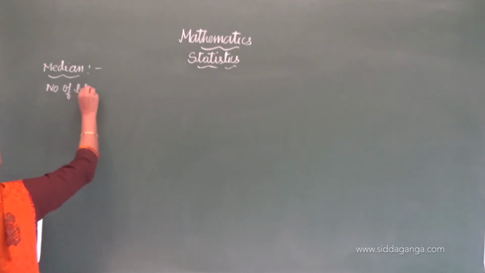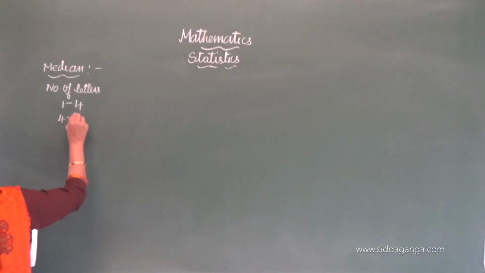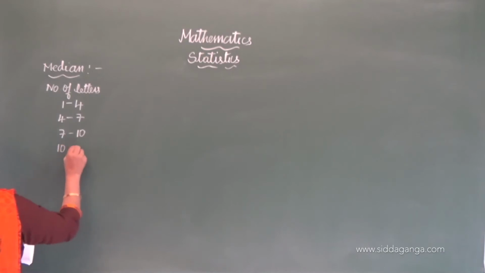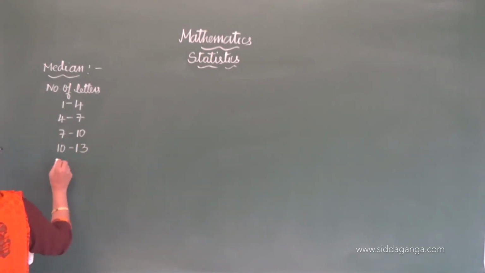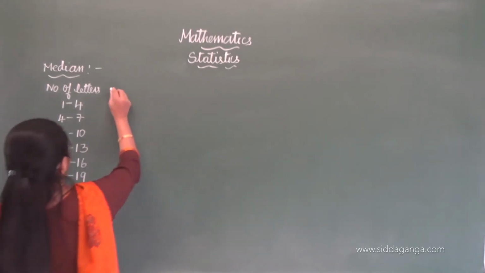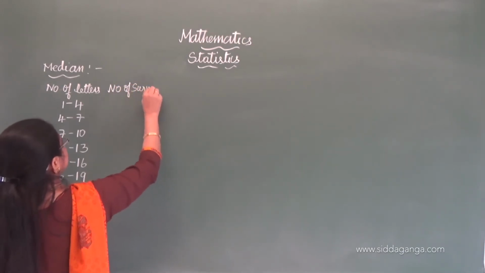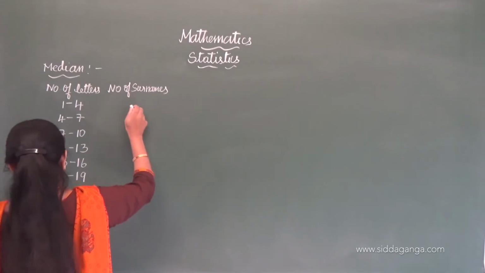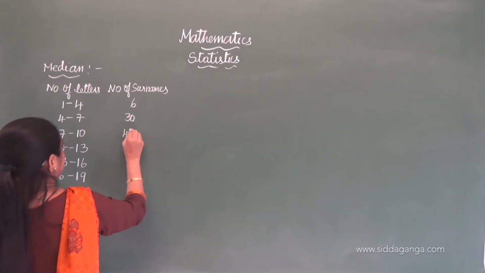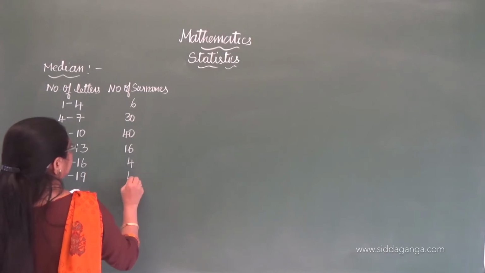Number of letters: 1 to 4, 4 to 7, 7 to 10, 10 to 13, 13 to 16, 16 to 19. Then number of surnames: 6, 30, 40, 16, 4, 4.